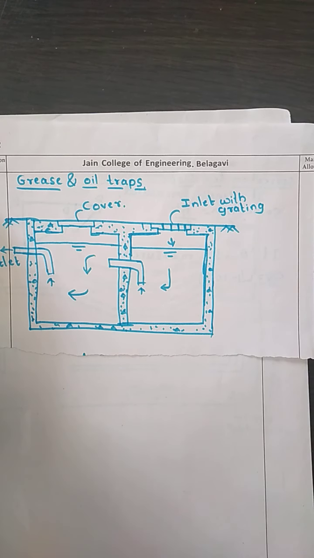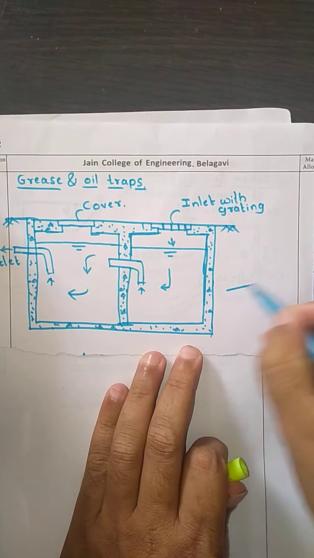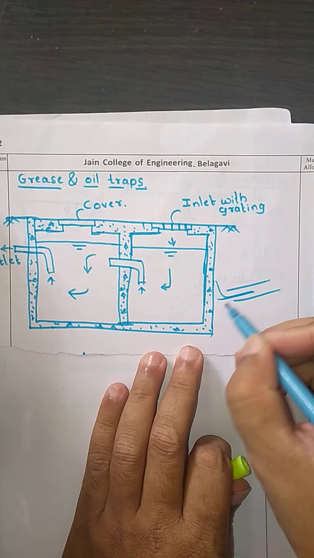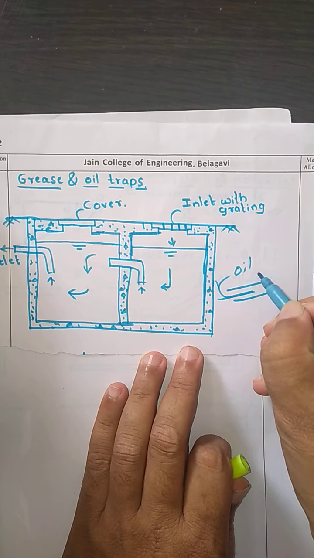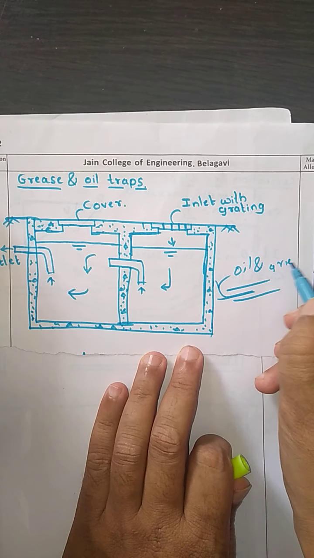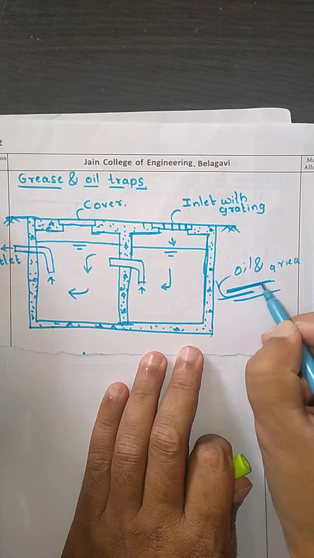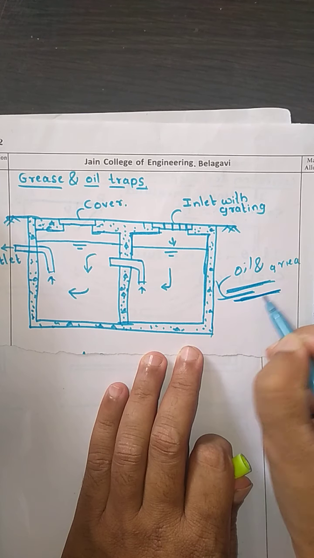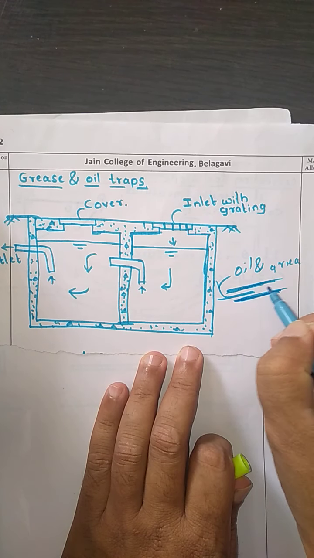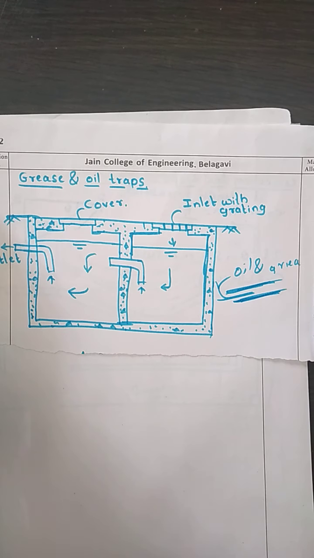Now, why do the grease and oil have to be removed before entering the sewer line? If the wastewater enters the sewer line with oil and grease, it is going to stick to the interior of the conduit.